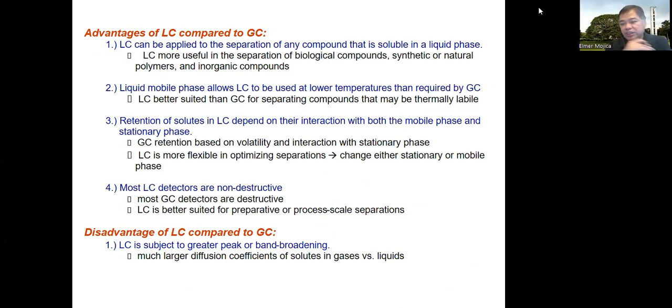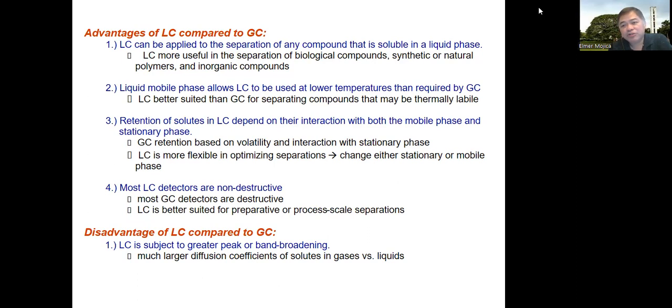So the requirement for LC is, if you can dissolve your compound or your chemical in a liquid solvent, you can do LC. LC is usually more useful in the separation of biological compounds, synthetic or natural polymers, and inorganic compounds.